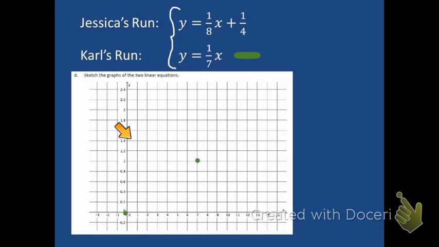And that point is right here. I chose another one that would be easy to find. At 7 minutes after he gets up, he will have gone 1 mile. So there's another point for Carl's graph. And I can draw a line through those 2 points, and we can see that slope of 1/7 going on there.